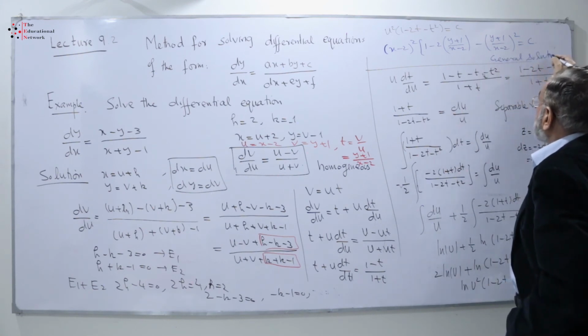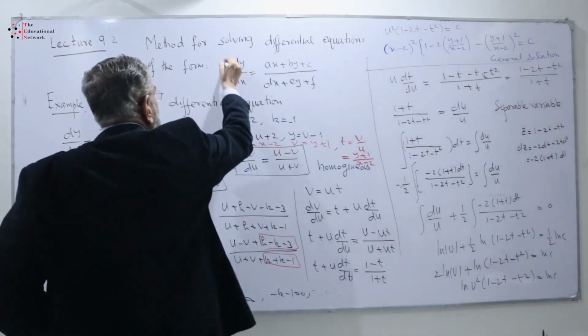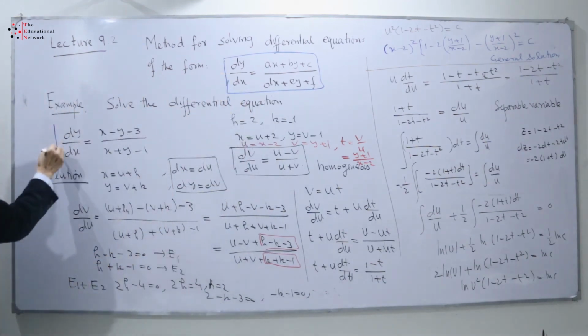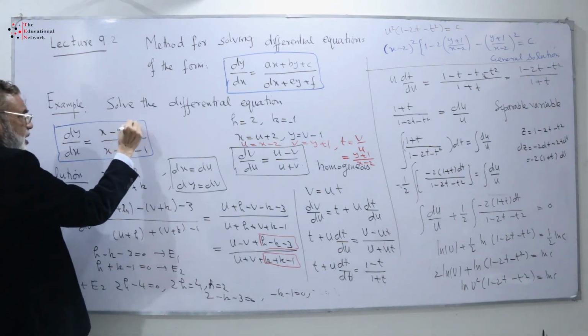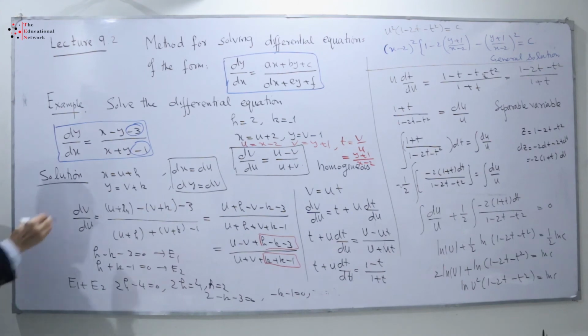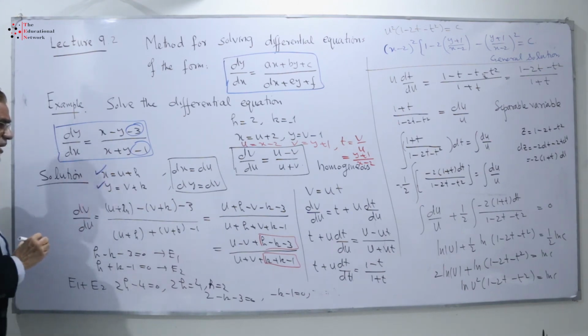So here I just repeat what we did. We take the equation in this standard form, and this is non-homogeneous. It becomes homogeneous if we are able to remove these constant terms, making this equal to 0 and this equal to 0. To do this, we take the substitution x equal to u plus h and y equal to v plus k.